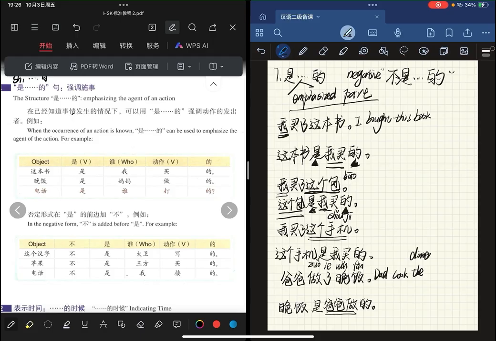不是的。Okay, now let's turn these declarative sentences to negative sentences.